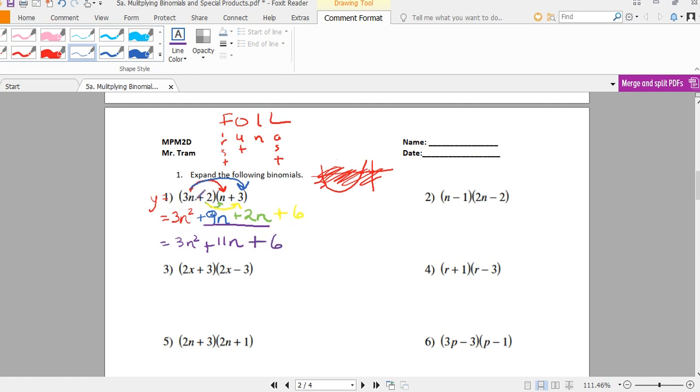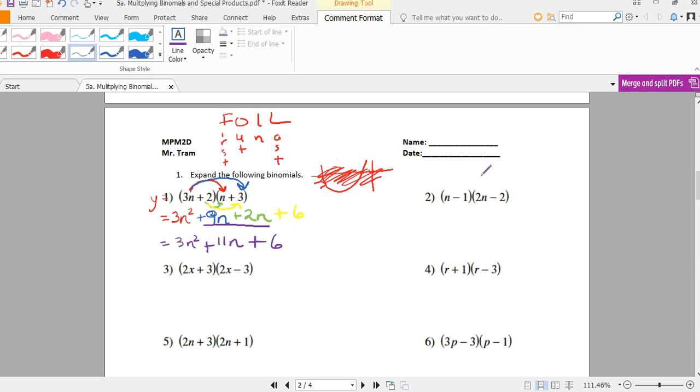Okay, so this would be in standard form. This is the expanded form of the original. I'll do a couple more examples. And in fact, if you want to check your answer here, you could open up Desmos, type this in, and type this in, and you will get the exact same graph.